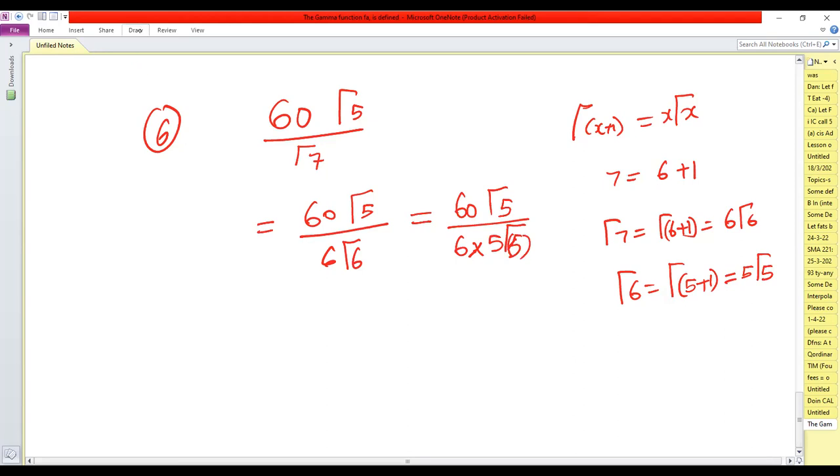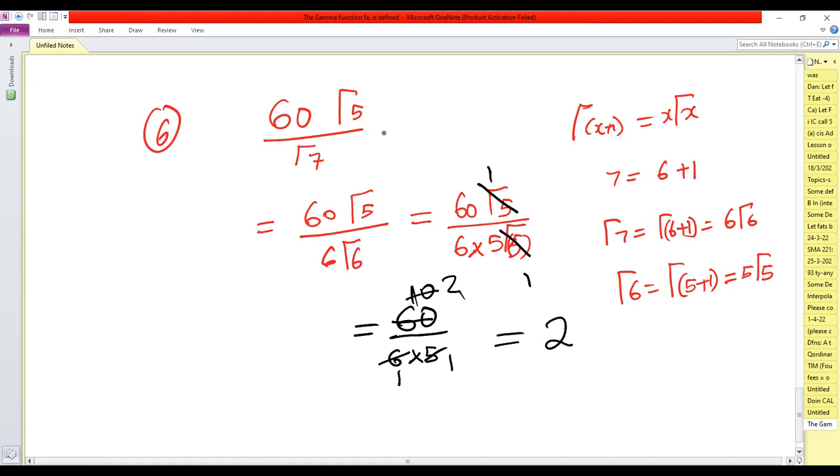And you see gamma of 5 and gamma of 5 cancel out. So we'll have 60 divided by 6 times 5. So 6 into 60 is 10, 5 into 10 is 2. So therefore the answer here will be 2.